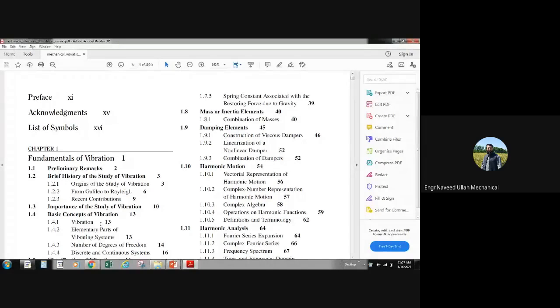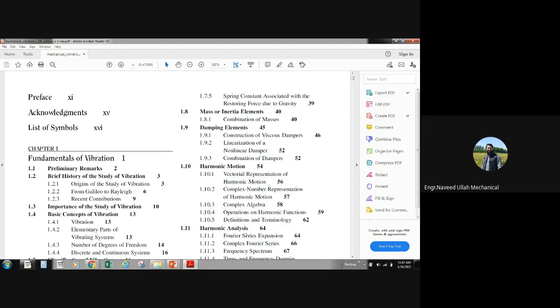Similarly, if you want to give velocity to a system, the damping will oppose you, and if you want to accelerate a system, inertia or mass will oppose you. So these are some basic concepts. Similarly, this also discusses what is time period, what is amplitude, what is the maximum displacement. I think we are not going to spend time on these, they are self-explanatory. I recommend that you study these things.